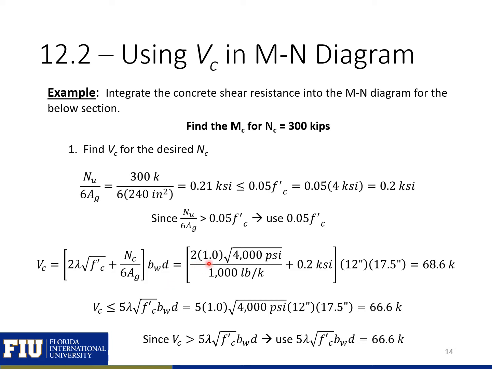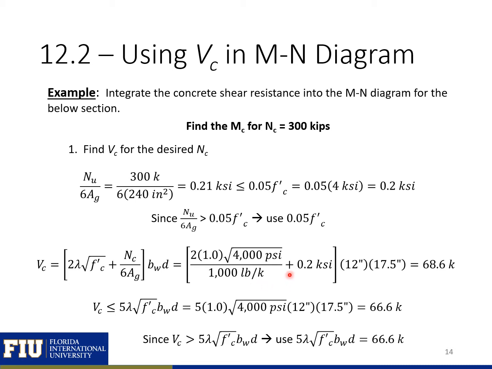So then in V_c, we plug in our different values. So 2 times 1, we're using normal weight concrete, so we have a lambda factor here of 1.0, times the square root of 4,000 psi. In ACI, we remember that we have to use psi under any square roots, and then I'm dividing by 1,000 pounds per kip to get our units into ksi.